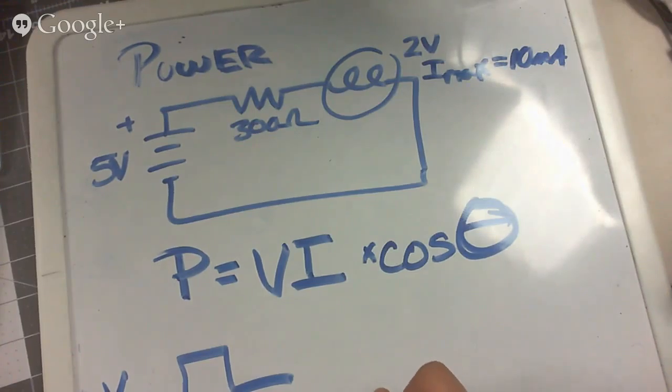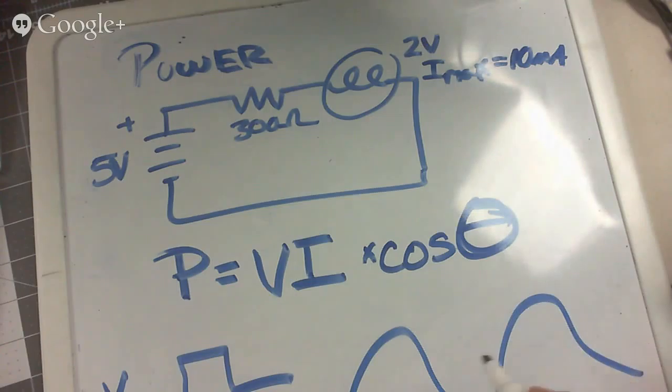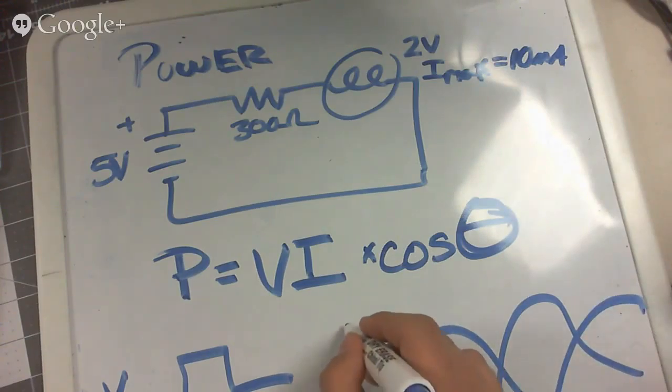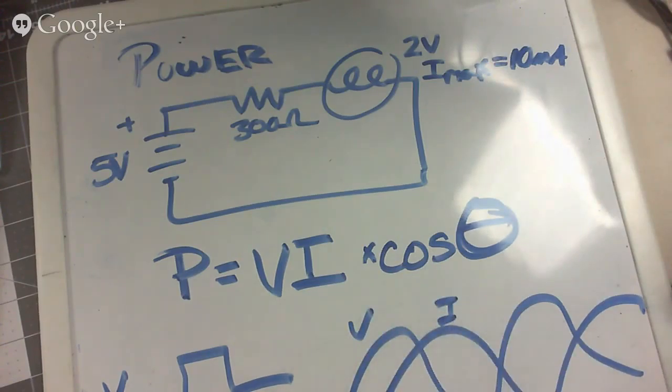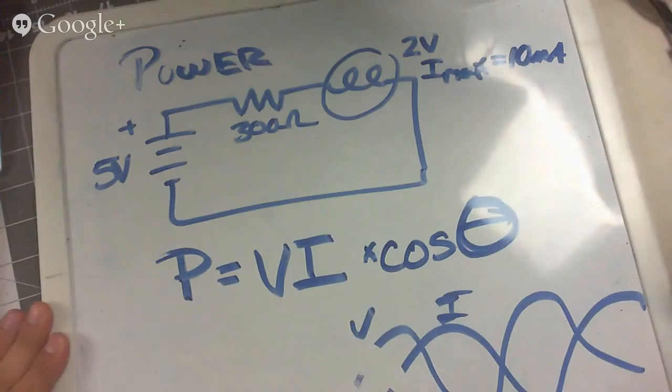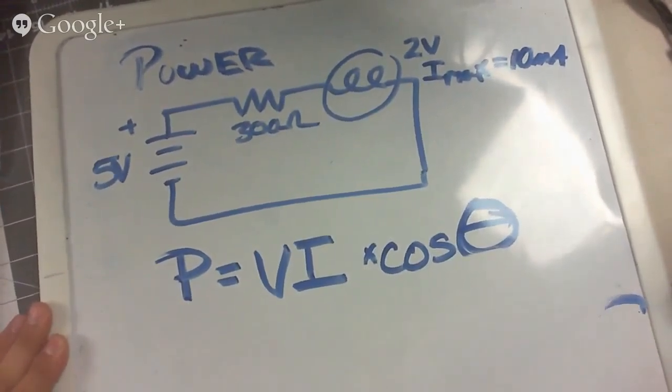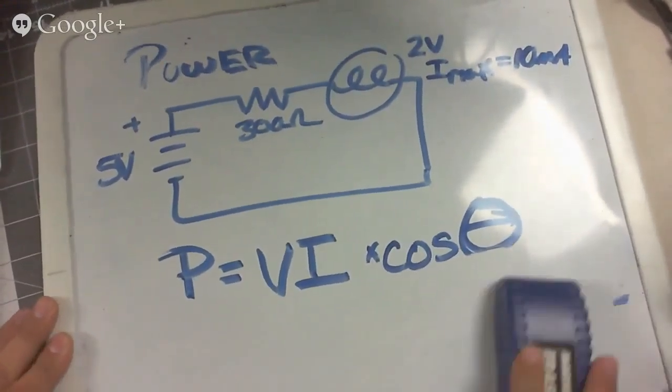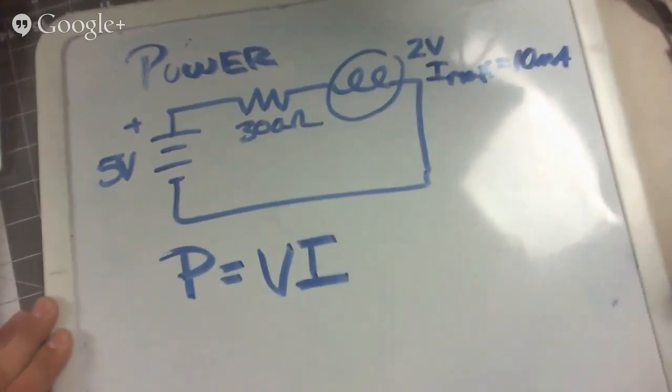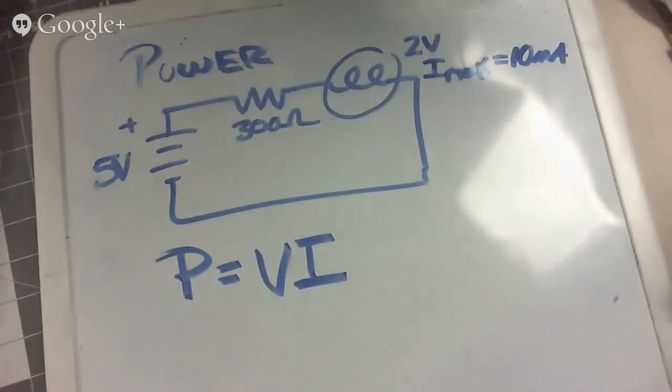It's possible when you deal with sinusoidal or other waveforms of current and voltage that they actually get out of phase. So your voltage and your current basically aren't peaking at the same time. And that's due to reactances introduced by capacitors and inductors, which, hey, guess what? Segues into where we're going. But for our purposes right now, we're going to assume that we're doing DC. So goodbye, cosine. And we're going to limit with P equals VI.